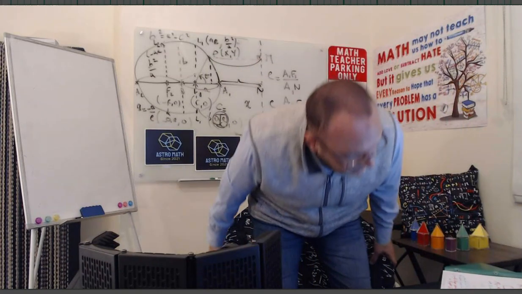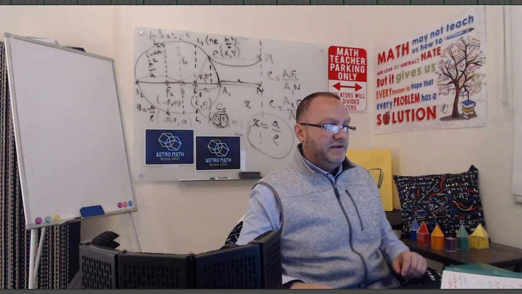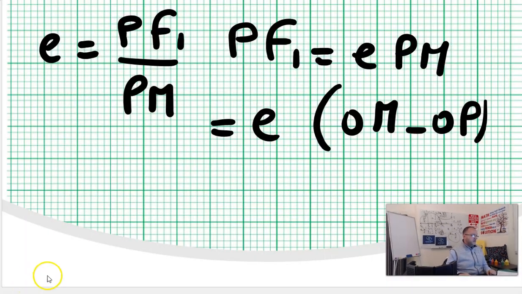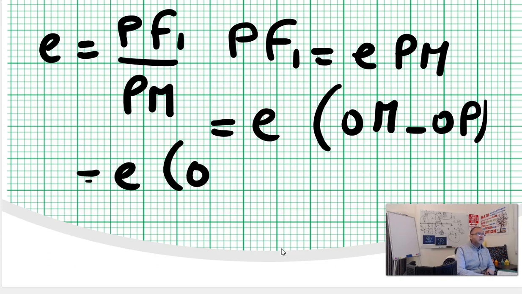So basically, let's show you on the tablet also. Here, if I go here, let's keep rolling with this so you get the idea. So this equals what? ON minus OW.